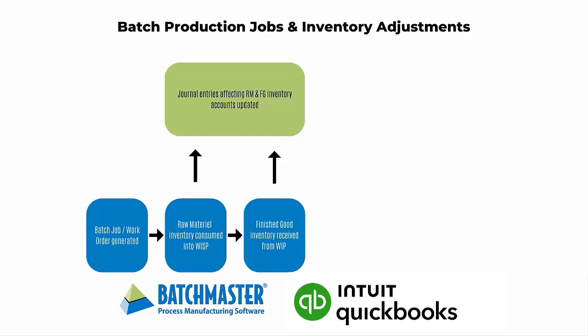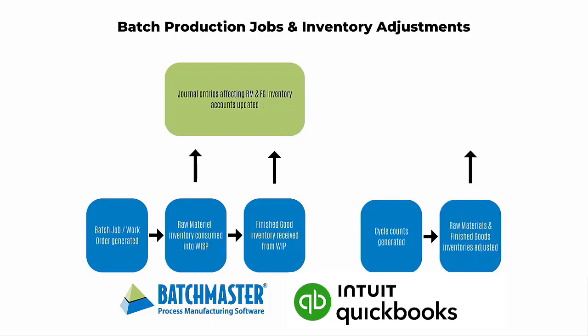A journal entry affecting the raw materials and finished good inventory accounts in QuickBooks are updated. Finished goods inventory received from work in progress. Next, the cycle count is generated. Raw materials and finished goods inventories are adjusted. And lastly, in QuickBooks, the journal entry affecting the raw materials and finished good inventory accounts are updated.